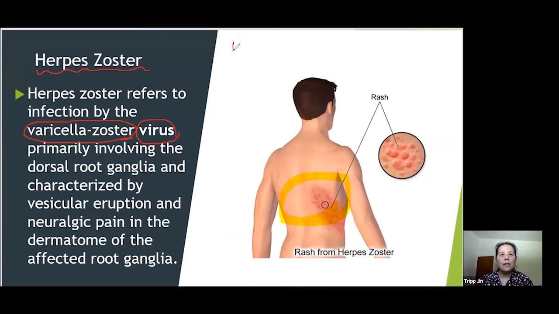The first infection is chickenpox. Children pretty easily get chickenpox infection. After chickenpox is cured, the virus will be hiding on the root part of the nerve branch there.